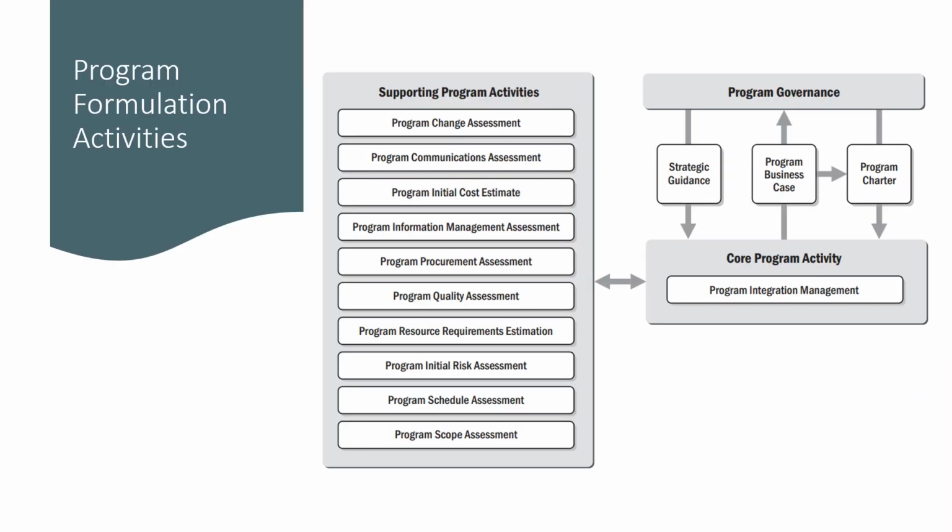There are around 10 important activities in program formulation, like change assessment, communication assessment, cost estimate, and risk assessment. We're going to discuss the first 5 activities today, and the next 5 activities in my next videos.